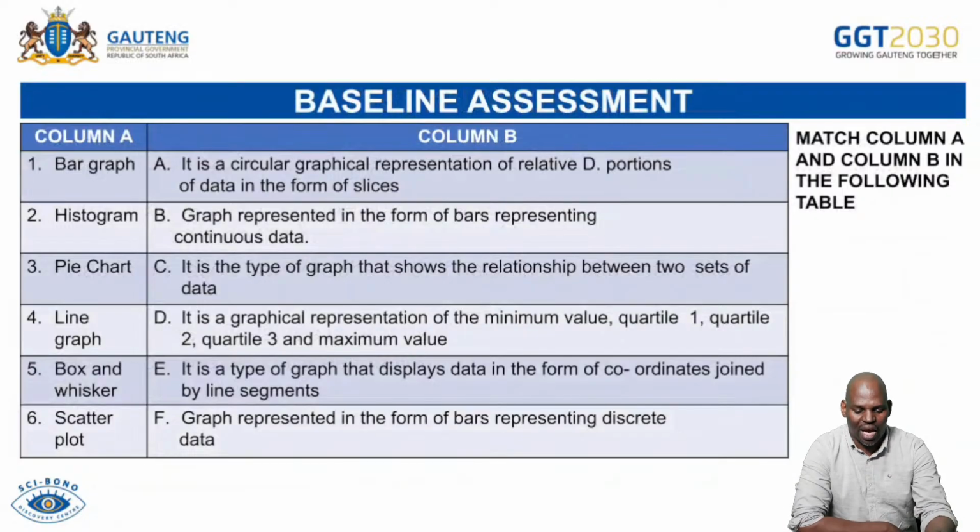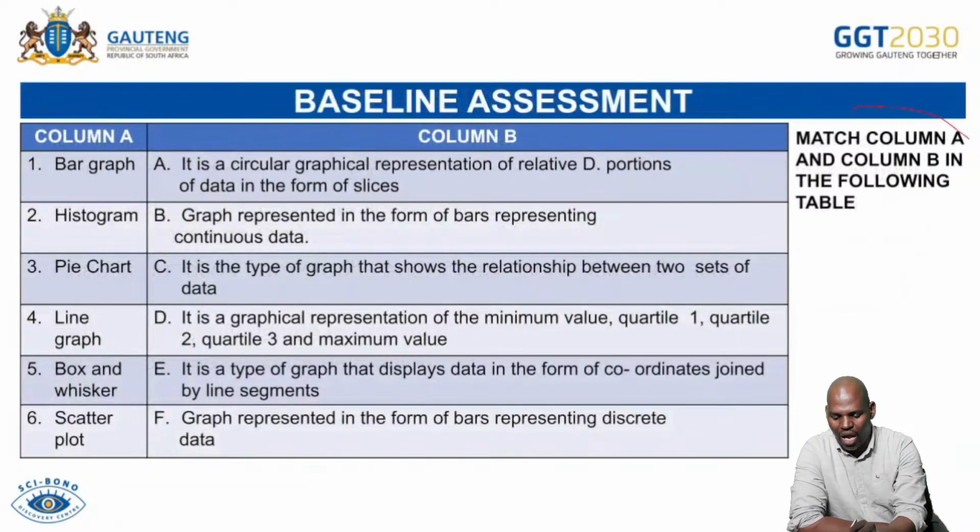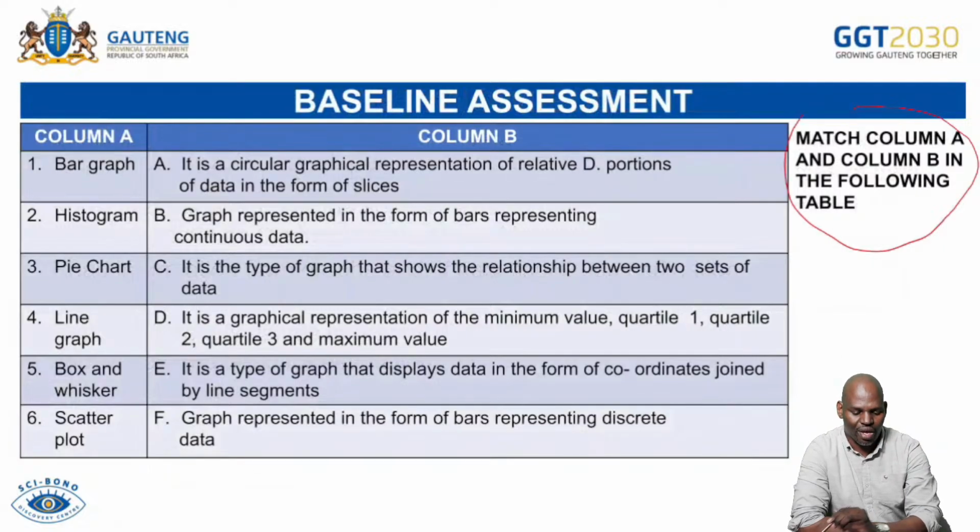So in this slide, you will see there's a baseline assessment. In this baseline assessment, you have to match column A and column B. In other words, you've got column A with bar graph, and you need to match the bar graph with its own definition under column B. So in column A, number one is bar graph, number two is histogram.